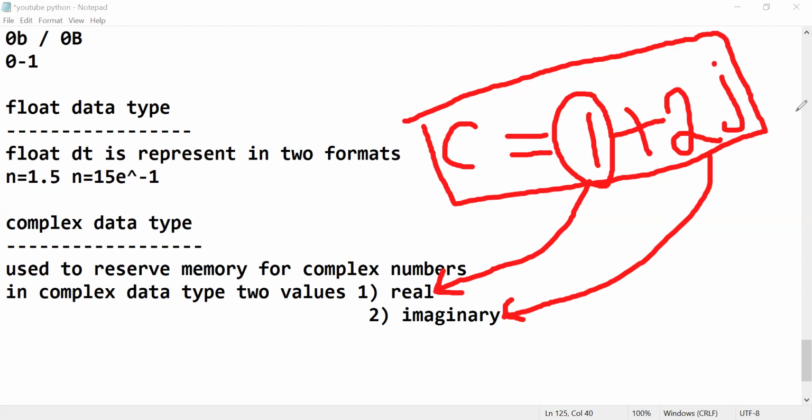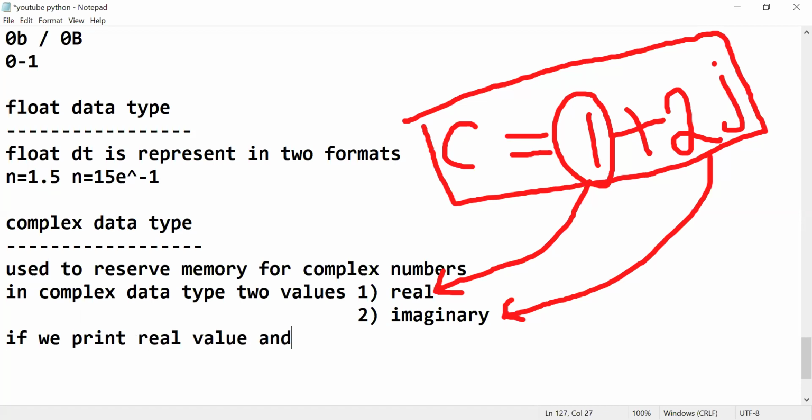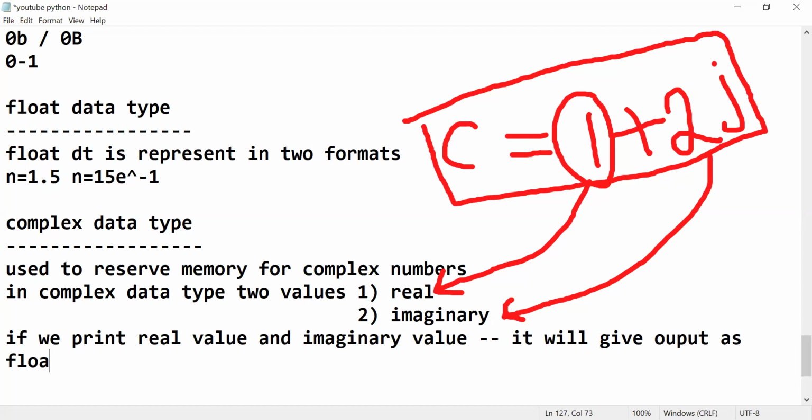If we print the real value and the imaginary value, it will always give output as a float value, guys.